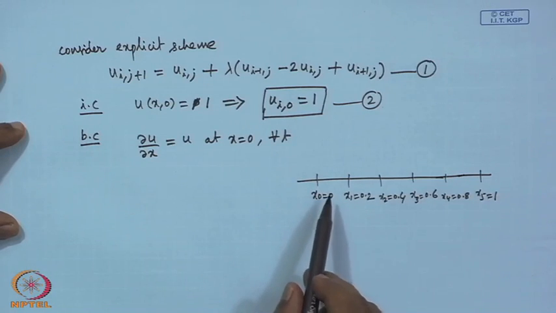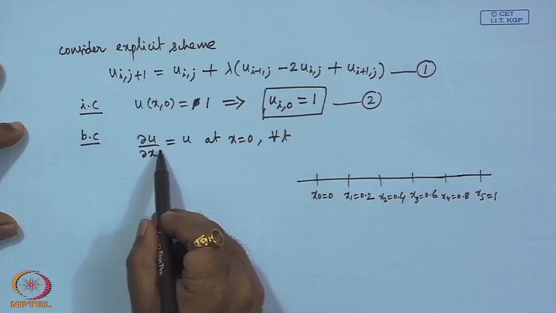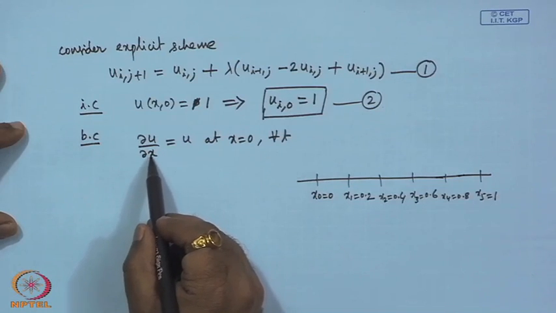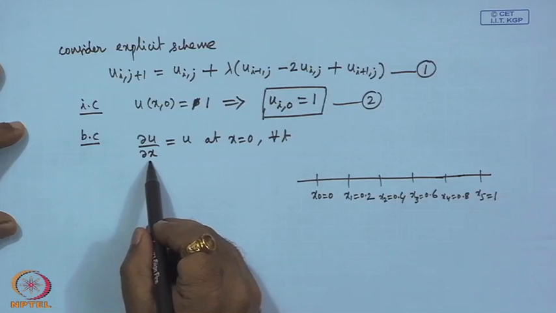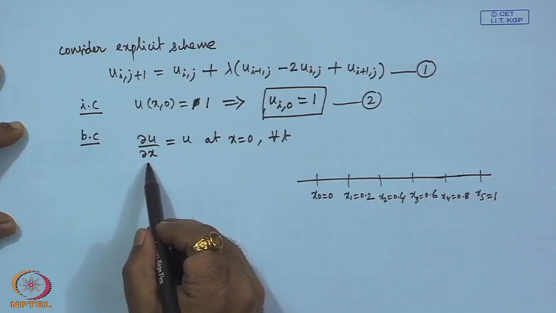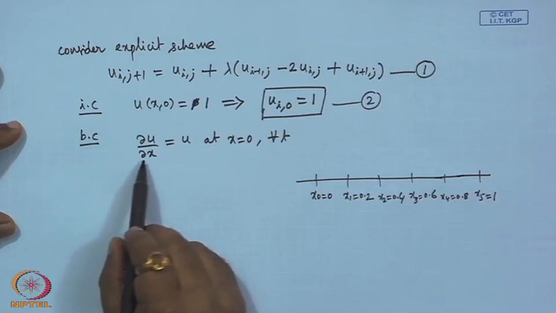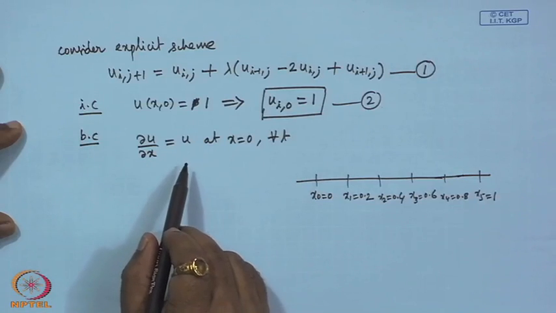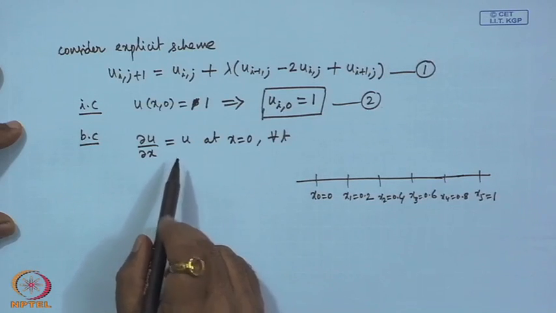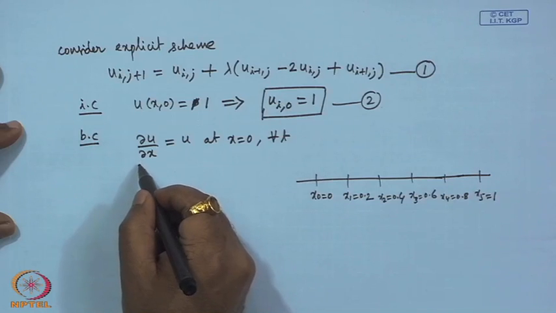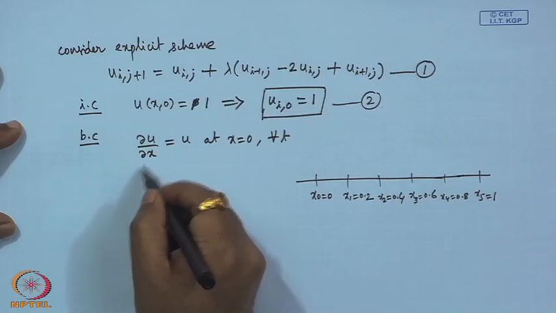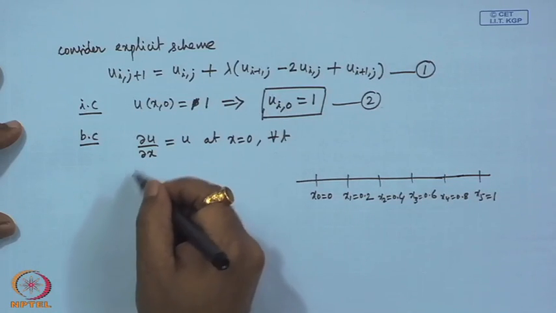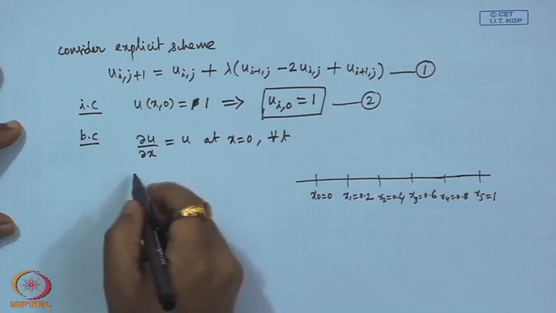Now, what is going to happen here? If you look at this and then discretize, this is the derivative with respect to x. Now, at the boundaries there is a big concern whether to use forward or backward or central. It is standard practice to use central. One can justify that.